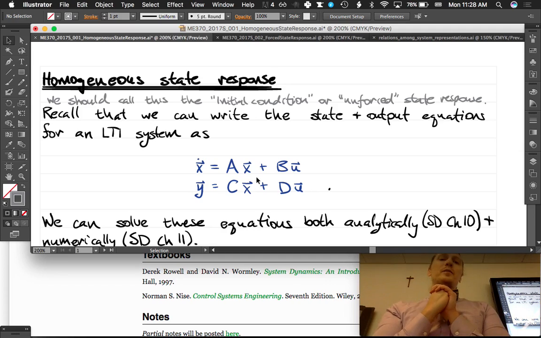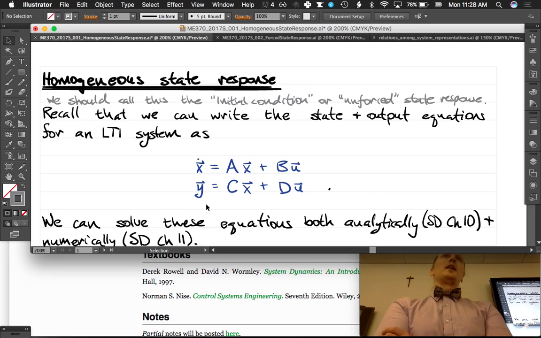Okay? And then y, the second equation, y equals Cx plus Du, just describes how those state variables and input variables, so x and u, affect what we have chosen to be our output variables, okay? And the output variables are just variables that we care about.